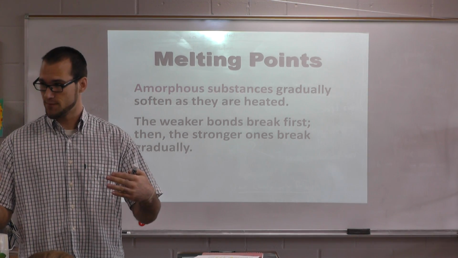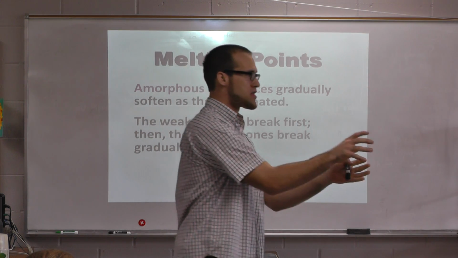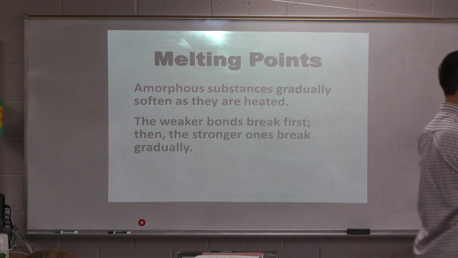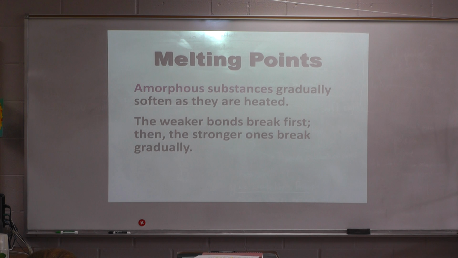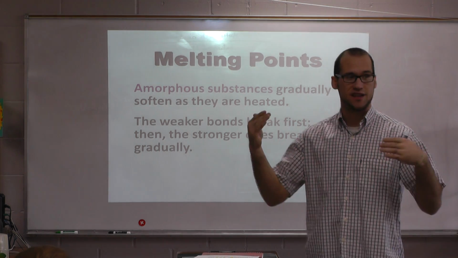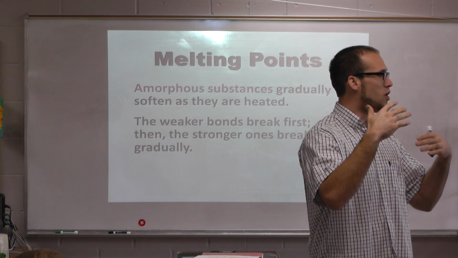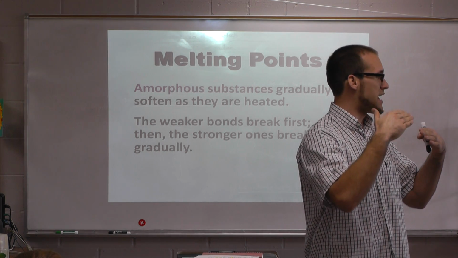Does that make sense? Okay, so what you see with crystalline is it will melt, boil, freeze, all that stuff at a rigid temperature, one temperature, all happens at that temperature. But for amorphous, because you've got different bond lengths, different bond strengths, they actually will melt over a temperature range.